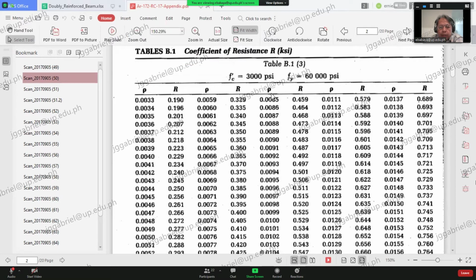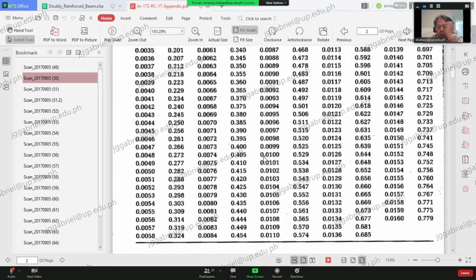So 0.426 here, it's between 0.079 and 0.0078. So we choose 0.0079.